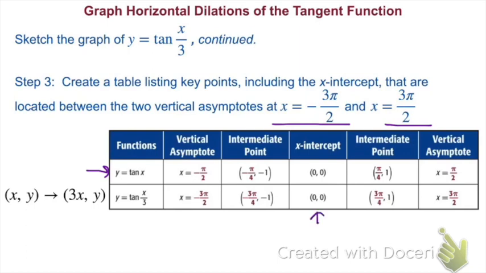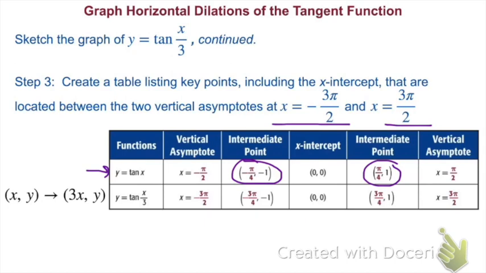And then when we do our graphing, we want to do intermediate points, is what we call these. So we take half the distance between the vertical asymptote and the x-intercept. And that's where we get negative pi fourths and pi fourths. We get that because that's halfway between the x-intercept and the vertical asymptotes.